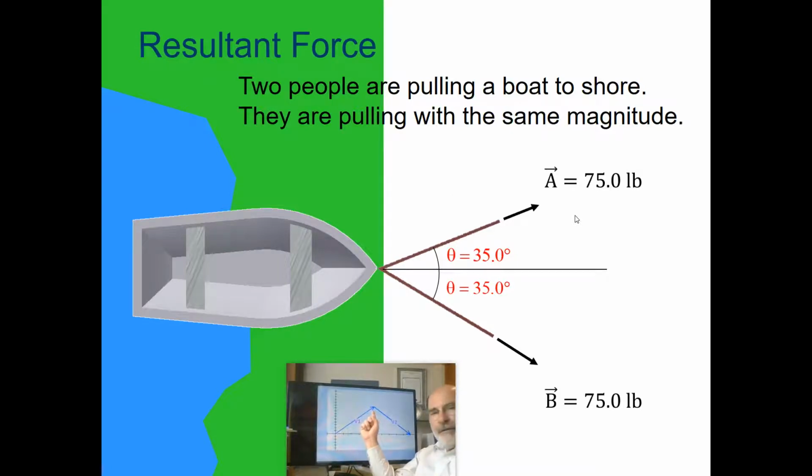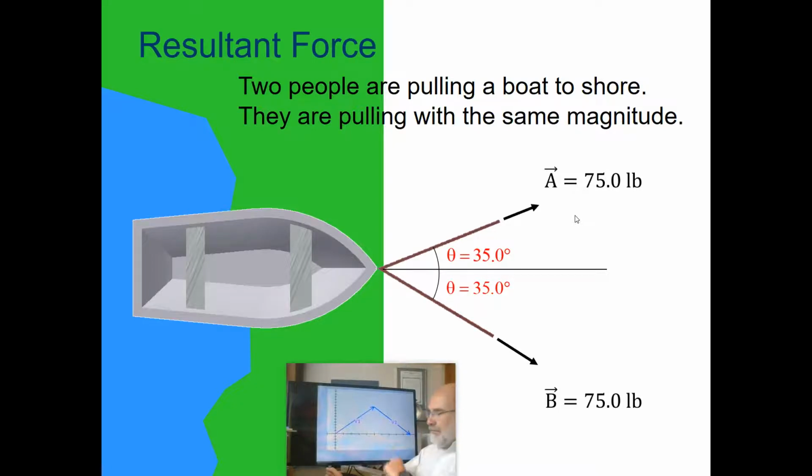And then you connect vectors graphically by drawing head to tail, using a compass to maintain the correct direction. So this is going at 35 degrees above the x-axis. And now I connect vector 2. The tail of vector 2 is drawn starting from the head of vector 1, and it's going at 35 degrees below the positive x-axis, where the axis is shifted to the head of the previous vector.